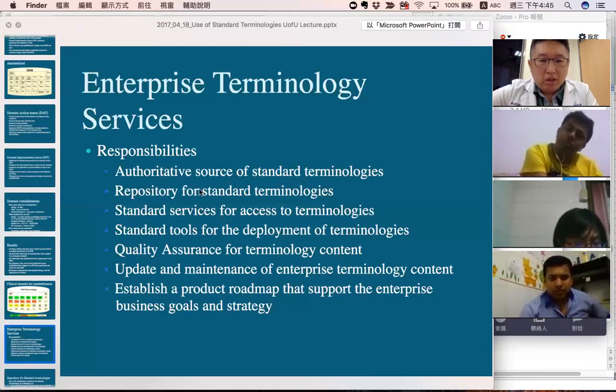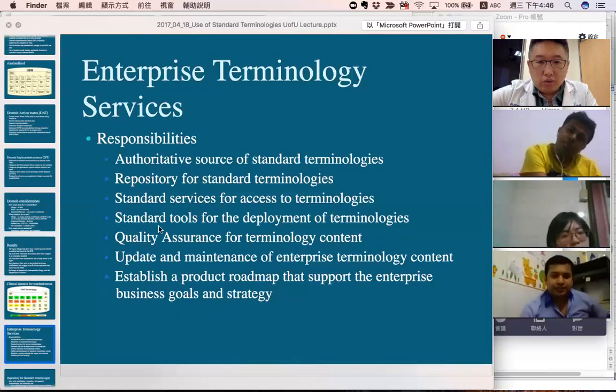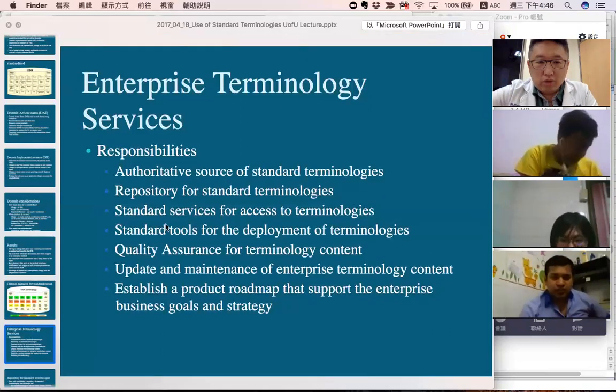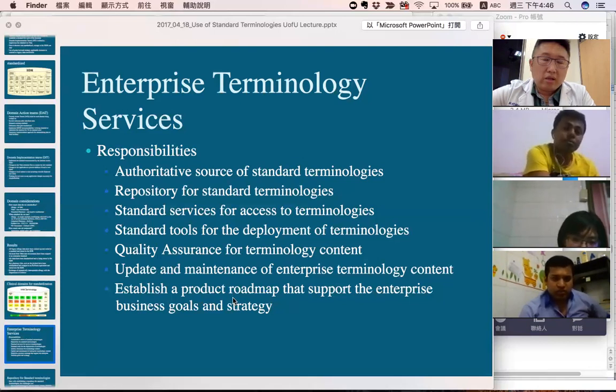So we need a repository for standardized terminology. We talk about we need some terminology service tool and quality assurance. That's what I did for update and maintenance. And we need a good roadmap. In the last class I talked about the roadmap for the CDC using LOINC.